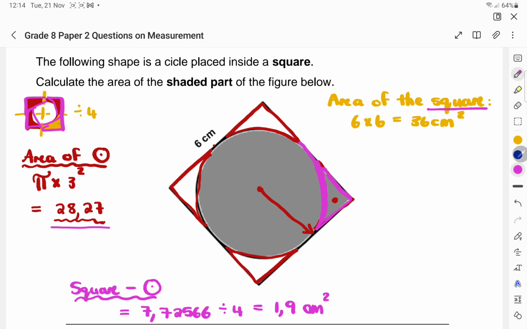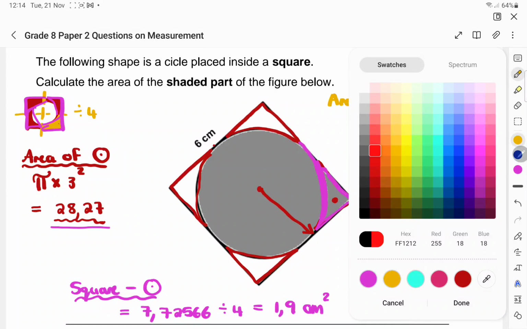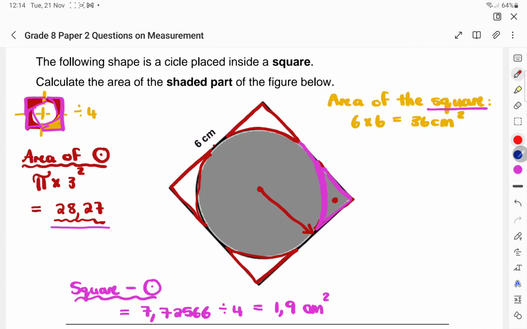Okay, so now let's go back and look at the question again. They say to you, calculate the area of the shaded part. So can you see it's going to be the area of the circle plus the area of one of those little corners.